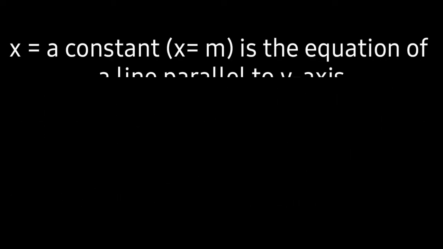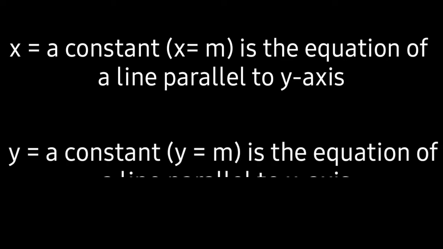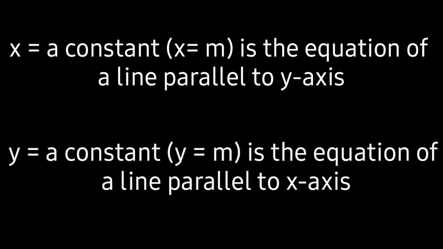X is equal to a constant like x equal to 9, x equal to minus 3, x minus 5 equal to 0 is the equation of a line parallel to y-axis. Y equal to a constant is the equation of a line parallel to x-axis.